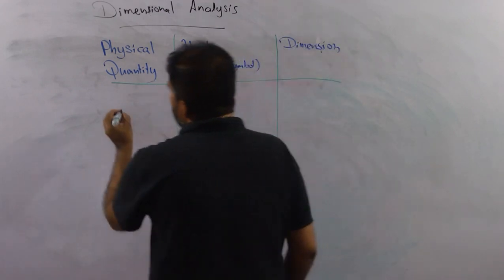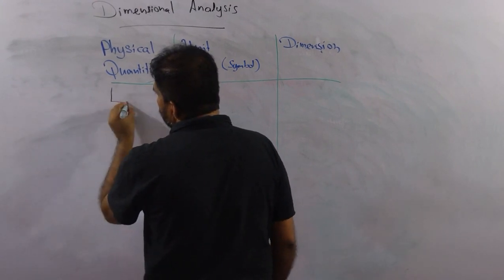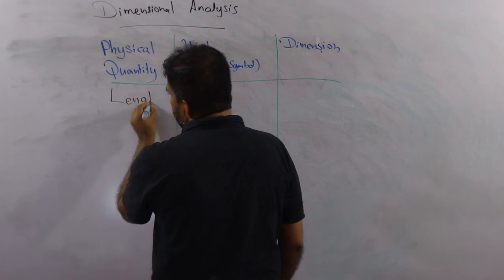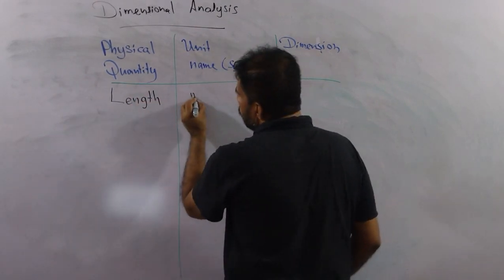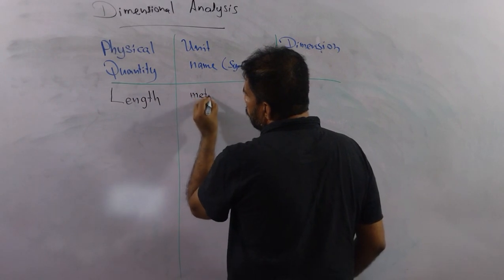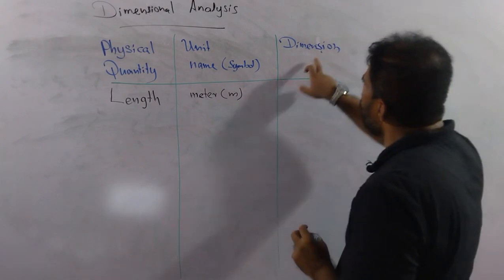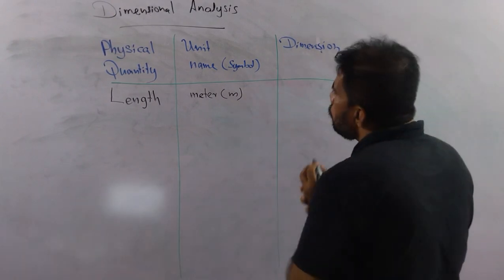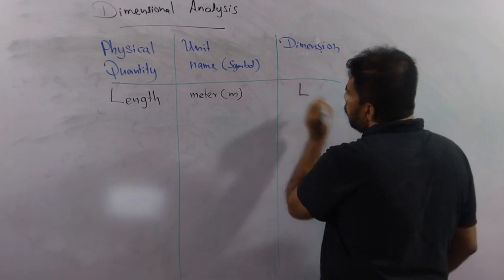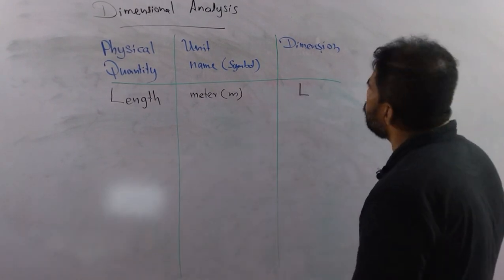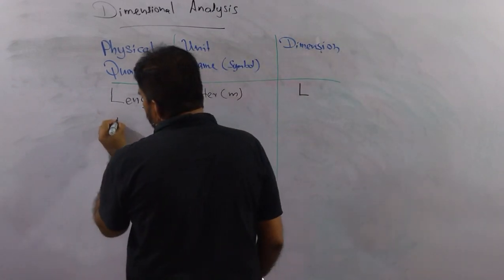We know length, and the length unit is meter, and its symbol is m, and for meter the defined dimension symbol is capital L. Then next, the mass.